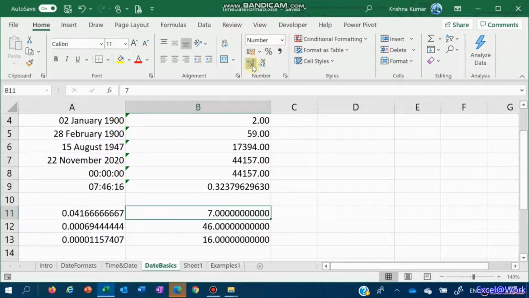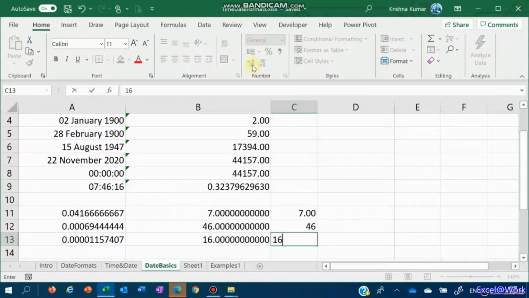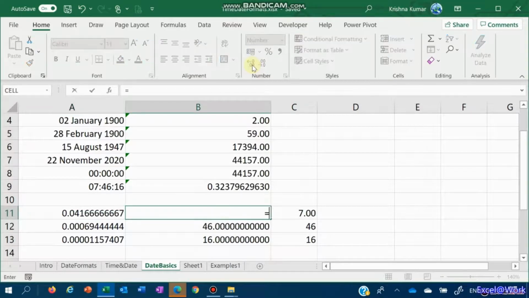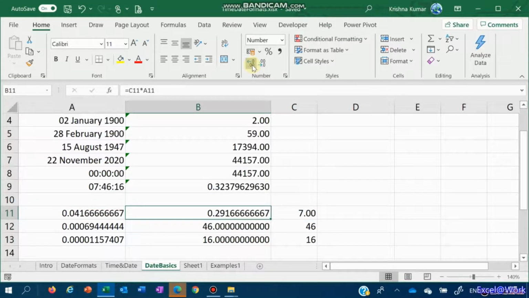I'll put this in column C: 7, 46, 16. So if 1 hour is 0.041667, 7 hours is C11 times A11. I'll copy the same formula to these both.